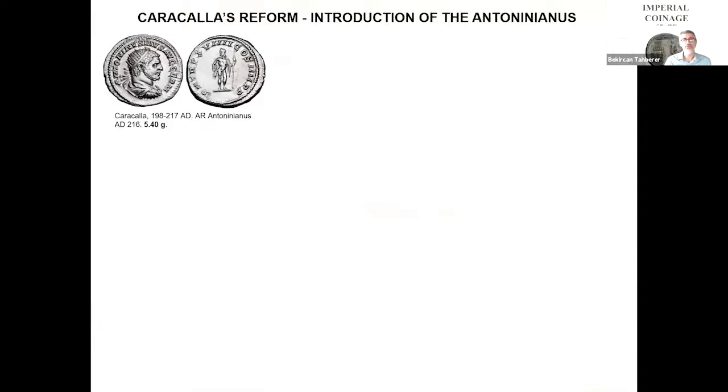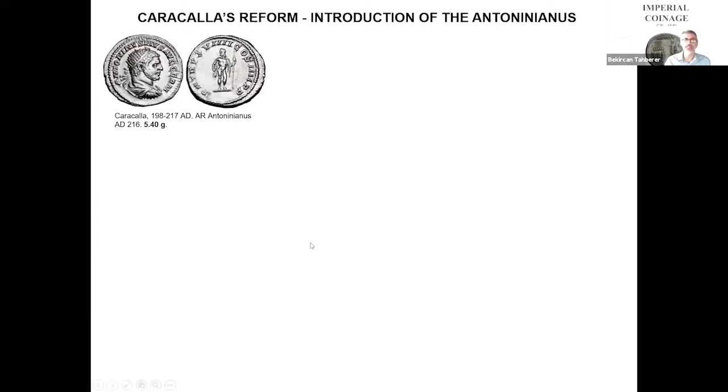Caracalla's reform came at a time when, again, the Roman finances were at the brink of collapse. He introduced a new denomination that is widely called Antoninianus. It was supposed to be a double denarius, but it never achieved the weight of a double denarius.